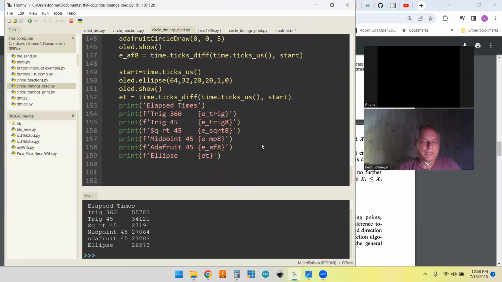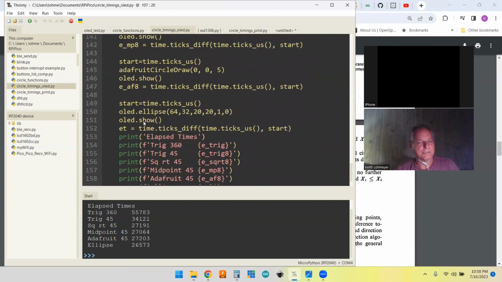But you've got to remember that we're actually plotting this with the OLED, and in my last video I showed that almost 25 milliseconds is used just moving the frame buffer from the Pico to the OLED. So you can probably take 25 milliseconds off of this number. So instead of 26, it'd only be 1 point something to do this.